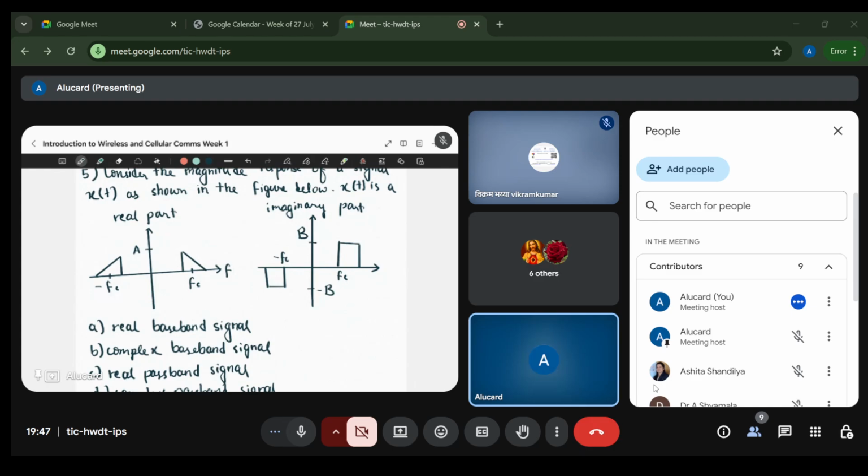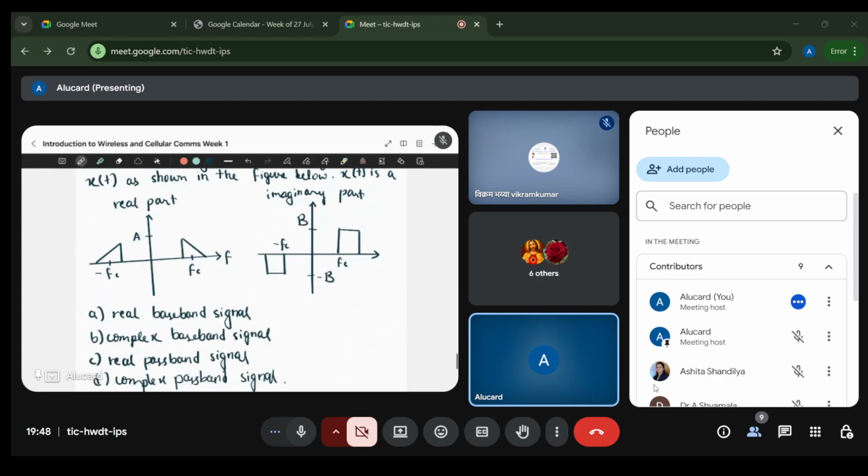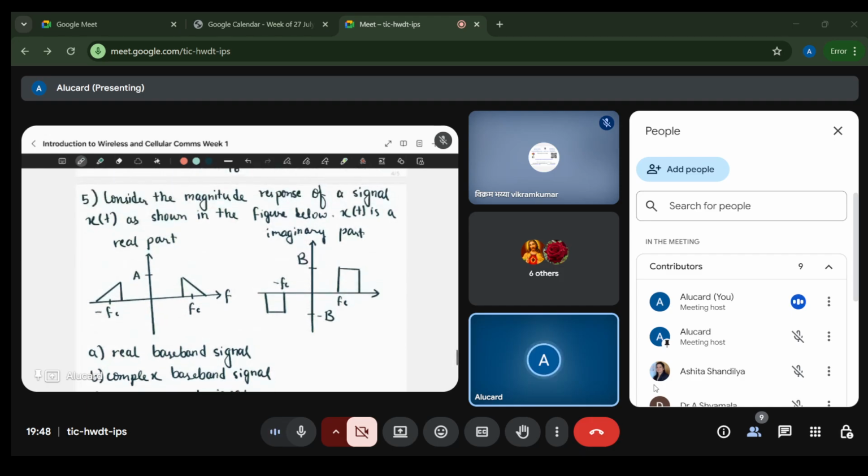So the parts related to the cosine aspect of the signal will give you an even, the real part will be even, and the parts of the signal that are related to the sine signal will have the imaginary part be an odd signal. So since both cosine and sine are real signals, this is looking at the magnitude response of a real signal.